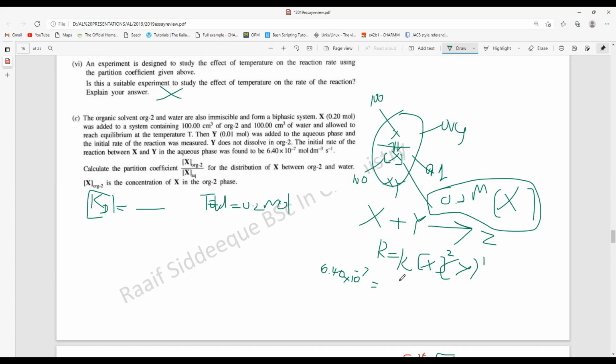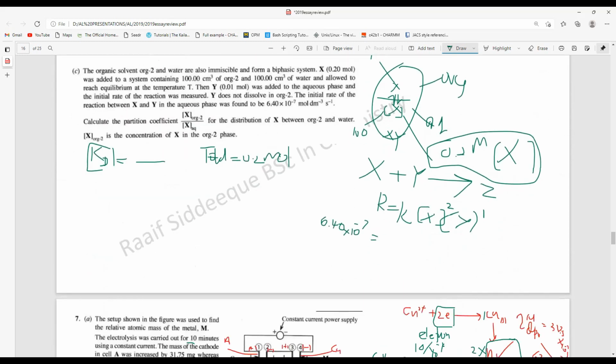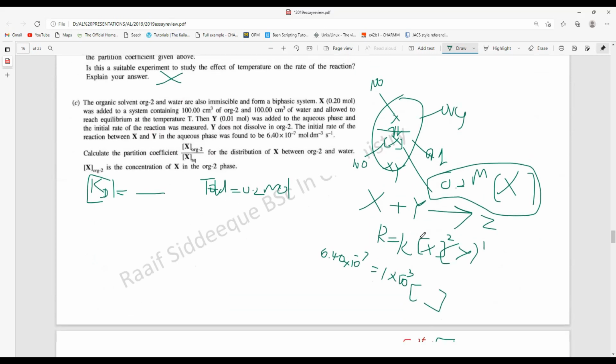So the rate is this. What is the rate constant? The rate constant we found here in the previous question, 5. So you find the rate constant. In fact, if I check the rate constant, it is 1 into 10 to the power minus 3. So do you know the initial concentration just after the equilibration for this reaction?